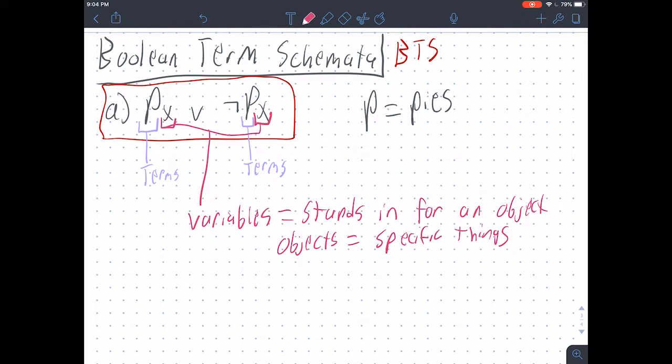But if we wanted to read it, let's put Quine in for X, because there's only one Willard Van Orman Quine. He's a specific thing. If we plug this in, what sentence A would say is that Quine is a pie, or Quine is not a pie.